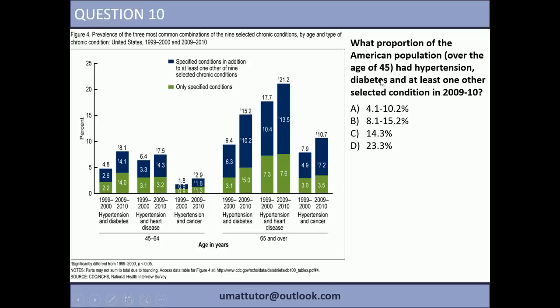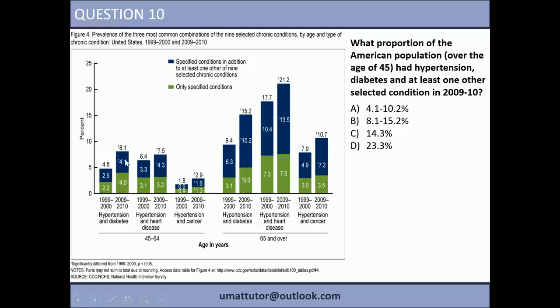So hypertension, diabetes, that you can see here on the left-hand side of both the two age groups, and we're looking for those two conditions plus one more. So that is the part shown by the blue part of the bar graph, as you can see from the key. And we're looking in 09, 010. So we're just looking at basically this bar graph here that I'm pointing to, and this one here.